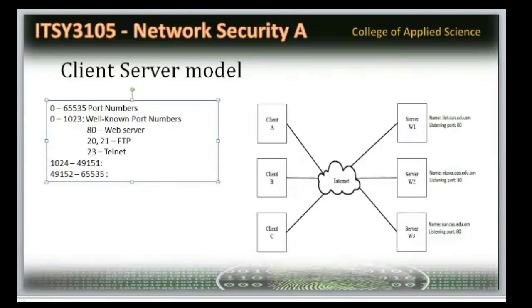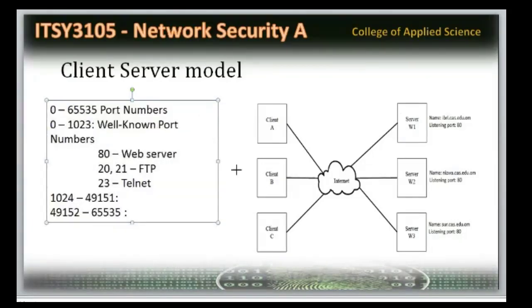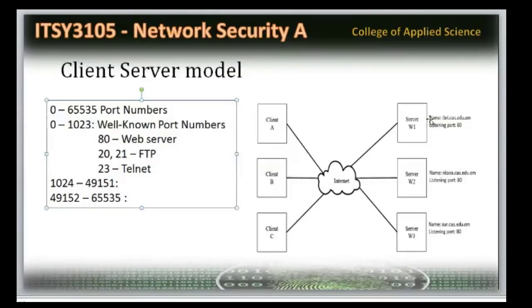Okay, well-known port numbers. Now, what is the point here? Let me come to the point. For any server, based on the service this server is doing, you have to assign a port number from this particular group. This is a very, very important point. So in a client-server model, for every server machine, you have to assign a well-known port number based on the service it provides.